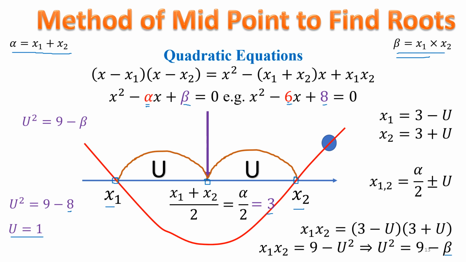If you encounter some number, you have to obtain the root of that number. Then you can plug in the value of u here and here, so that you can obtain the roots. So 3 minus 1 is 2 and 3 plus 1 is 4. So the roots are 2 and 4.